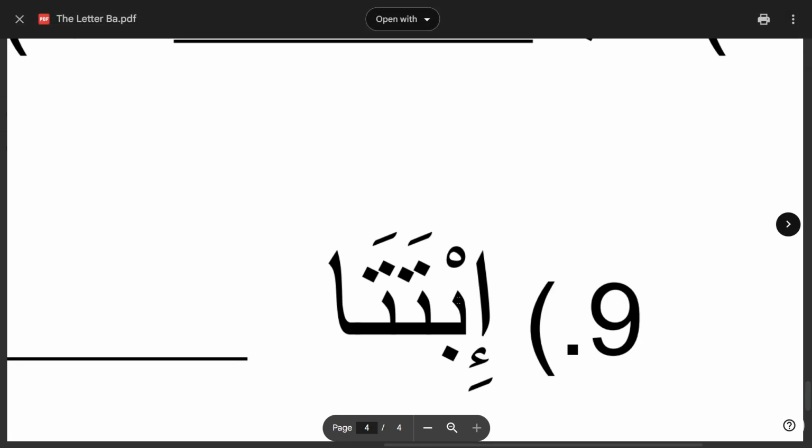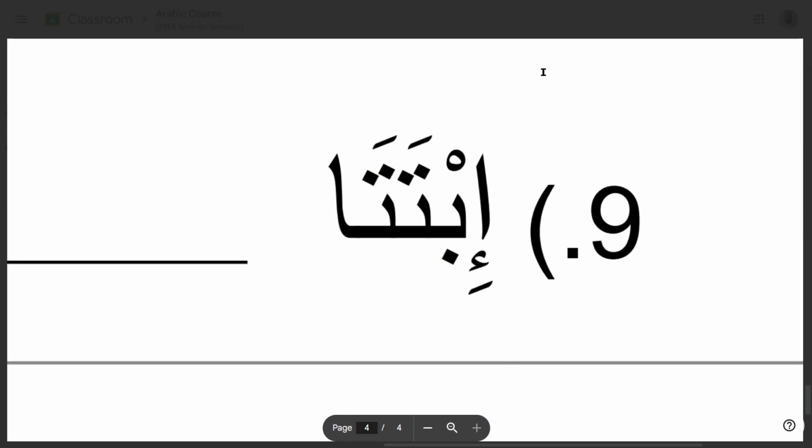Good. Number 9. Good job, sis. I like to challenge myself, so I think I want to try this one. Let's go. This is i, and then it's ba with a sukun, just the consonant. So ib. Perfect. Ibta, ibta, ibtata.